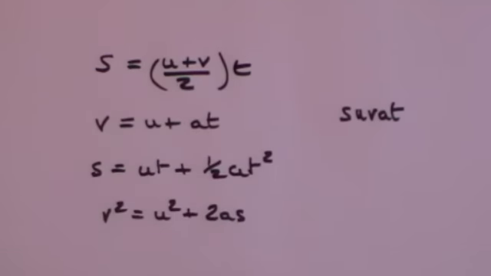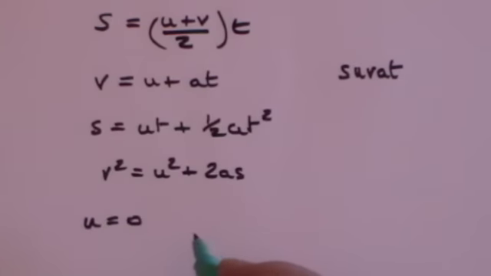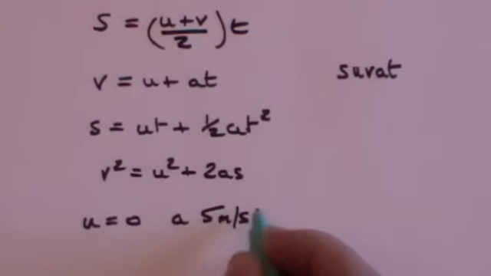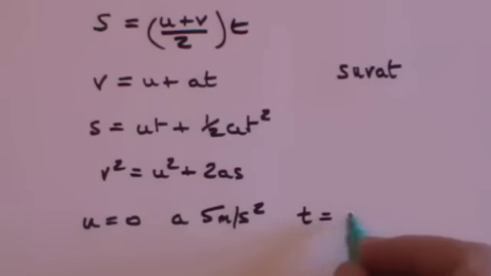Well, typically in an exam, you will be given 3 values and asked to find a 4th. And of course, what you need to do is to look and find which of the equations covers the 4 values that you're given. For example, suppose you are told that the initial velocity is 0, that the acceleration is 5 meters per second squared, and that the time is 10 seconds.